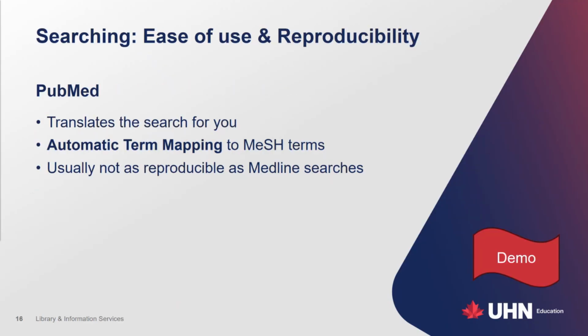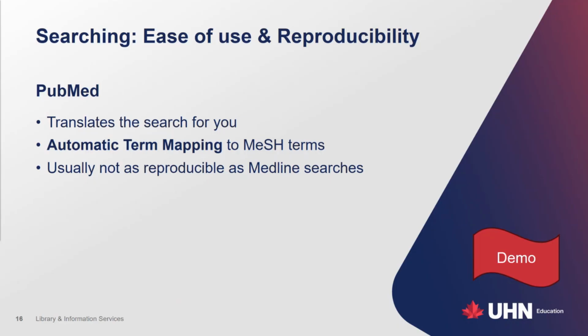And now for differences in searching, I'm going to start with PubMed and how easy it is to use and its reproducibility. PubMed is generally easier to use. It's meant to be available to the public, and it's easier to use because it translates the search for you.